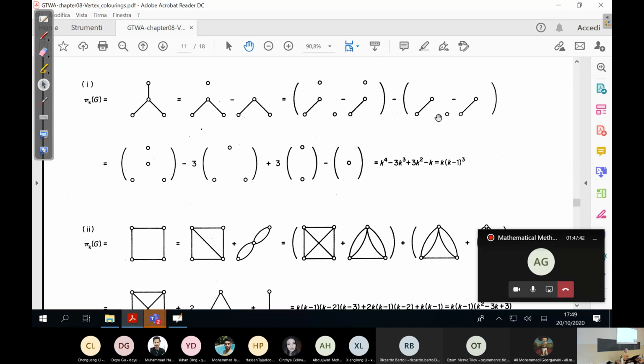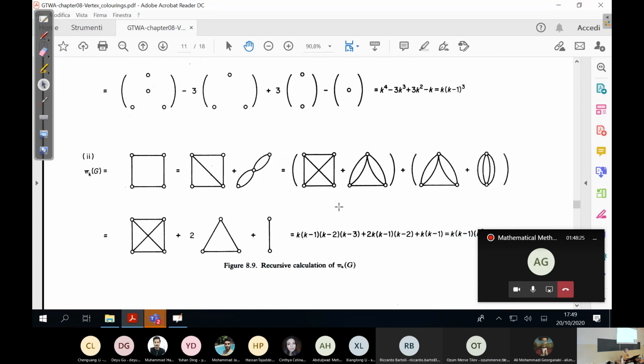Here you delete and get 2 isolated vertices, or contract and get 1 isolated vertex. But here it's very easy because you just get to the empty graphs, and so what you get is 4 isolated vertices, k to the 4th, minus 3 isolated vertices, and so on and so forth. And then you can also gather everything like this.